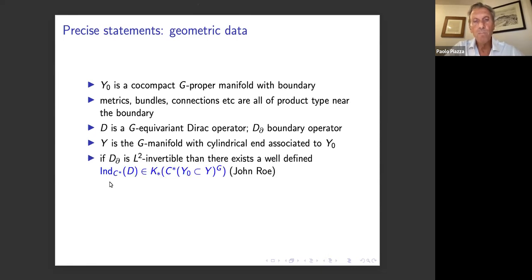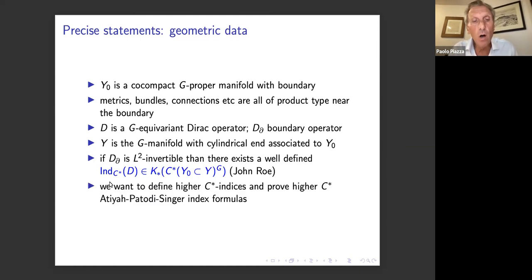First of all, because of the invertibility of the boundary operator, there is an index class, which was defined by John Roe, in the K-theory of this Roe algebra. This Roe algebra is obtained by considering operators of finite propagation, but the propagation is localized near Y0.